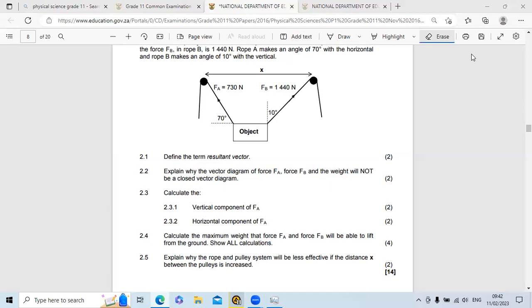No, we shouldn't be including energy in this situation, because you don't have the height, and they don't want the height. EP is equal to MGH. Yeah. So they say calculate the maximum weight. Maximum weight, okay. Yes, not the maximum height.